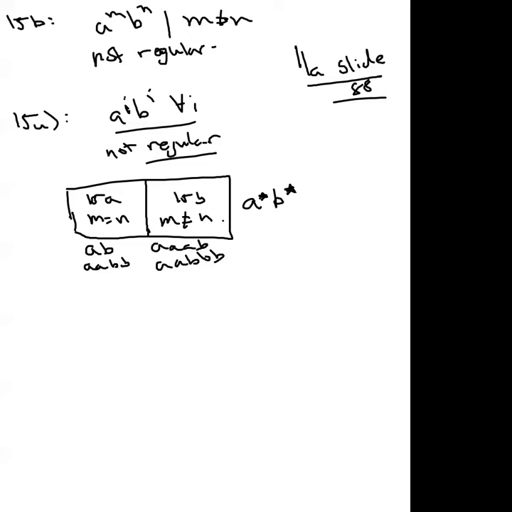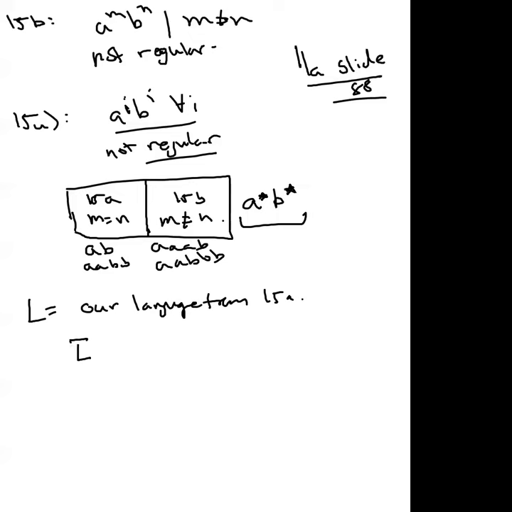So what you want to leverage here is the fact that under A star, B star, these two are complements. Let L be our language from 15A. If I take L complement, what is contained in it?